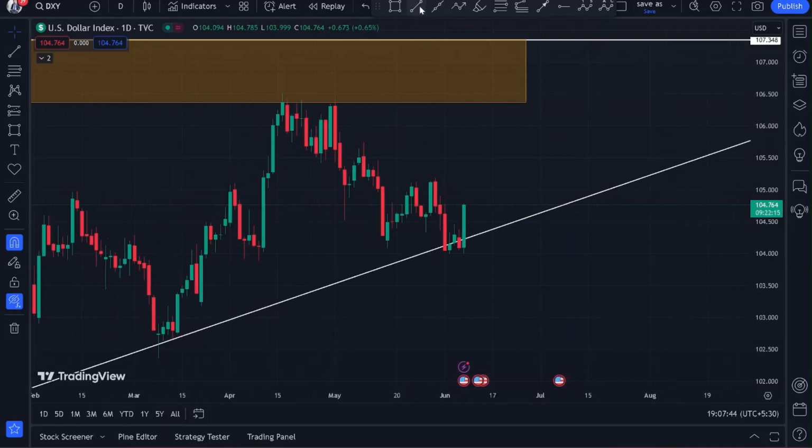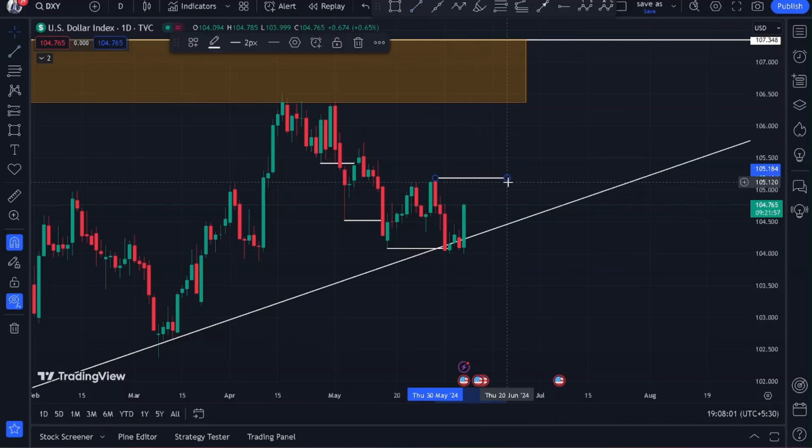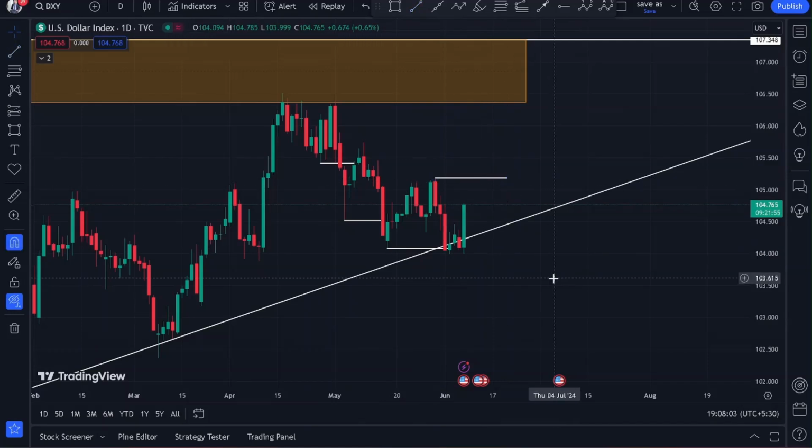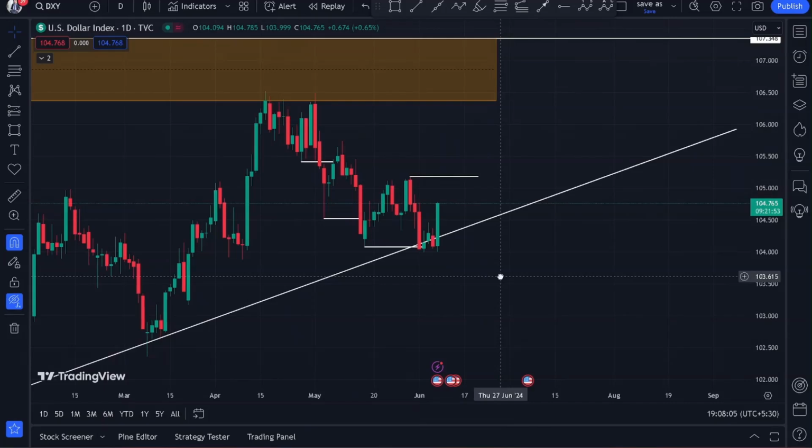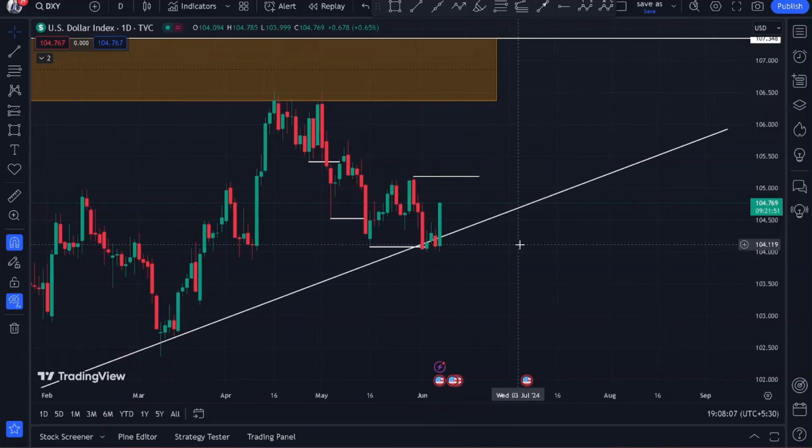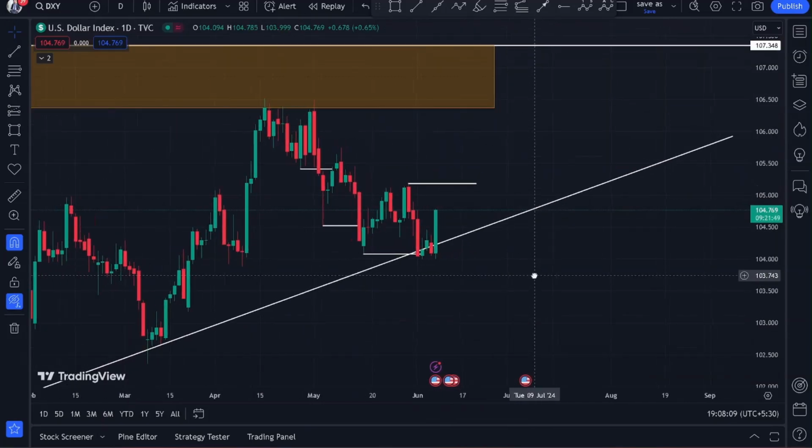Meanwhile, after the rejection, price was forming lower lows with lower highs. So until the price breaks above 105.184, we cannot see any further upside or going back to the rejection zone again.